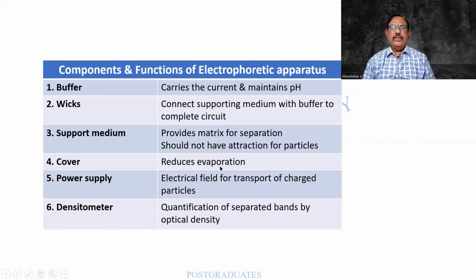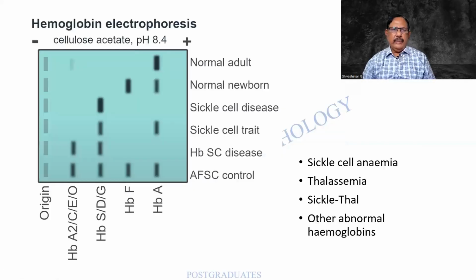Cover: to reduce evaporation. Power supply: it is the energy that is required for the charged particles. And densitometer is for quantification. So very simple, and I would like you to kindly learn this by heart and write it. Not very difficult at all. Whatever you can recollect, you can write.